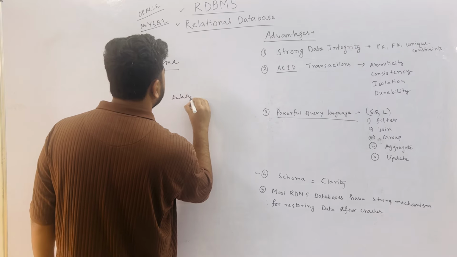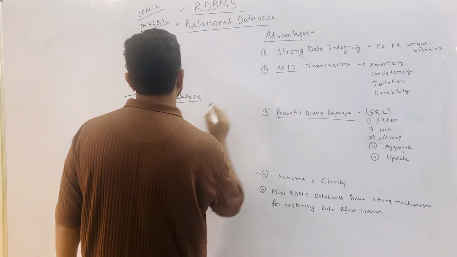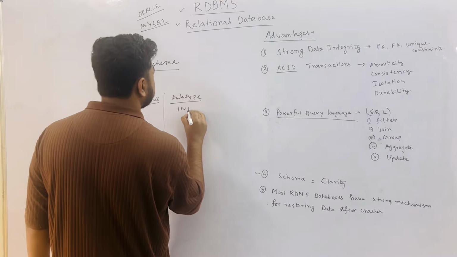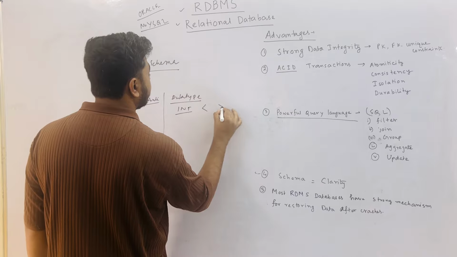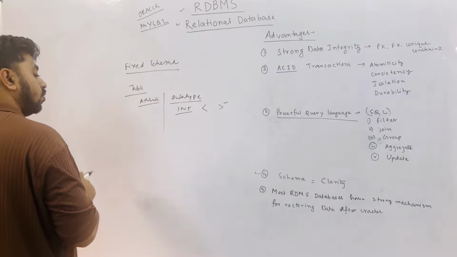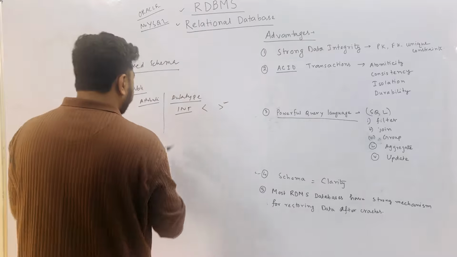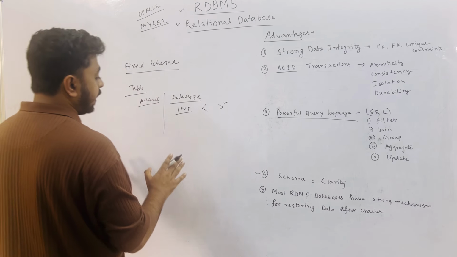That's how this also maintains data integrity, because if you define a column as an integer, always an integer value will come. If you send any data that is not an integer, this database will reject the data. So we have a complete fixed schema and complete data types to maintain complete data integrity.